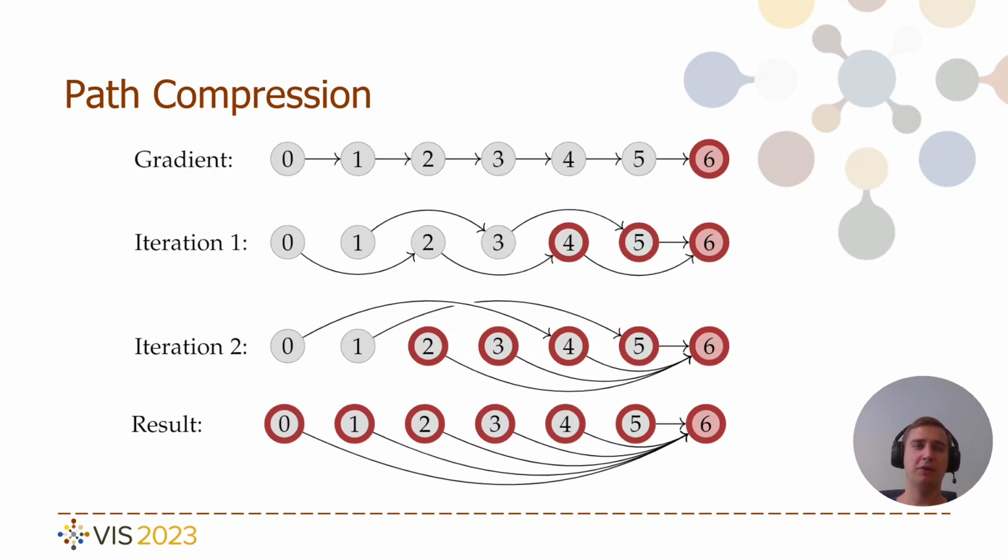In each iteration, for each vertex, we assign it to its successor's successor. This way, we double the stack length in each iteration. And in log n steps, where n is the number of vertices from our vertex to a maximum or minimum, we get to the goal of assigning each vertex to its maximum or minimum.